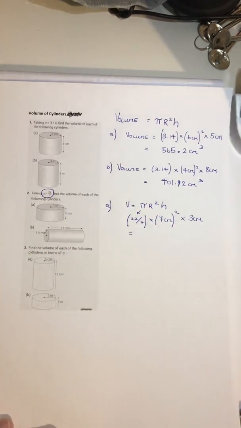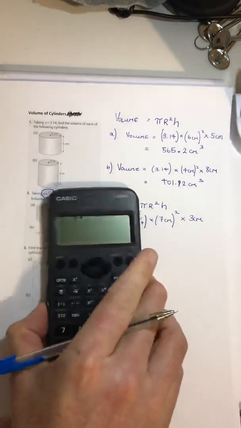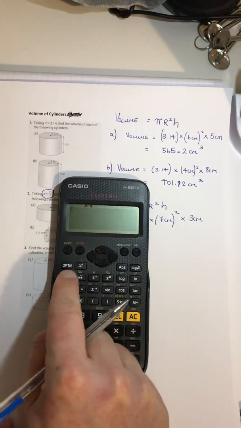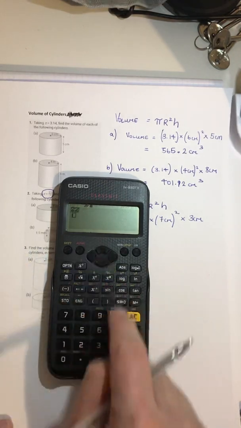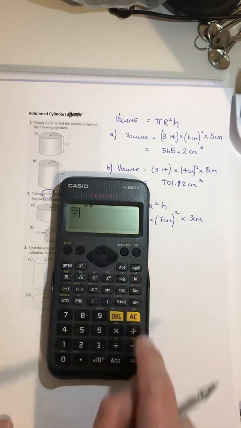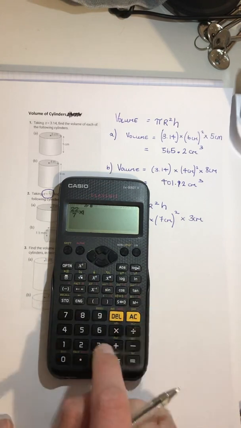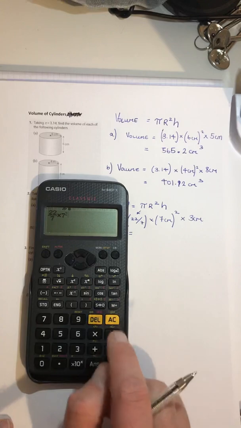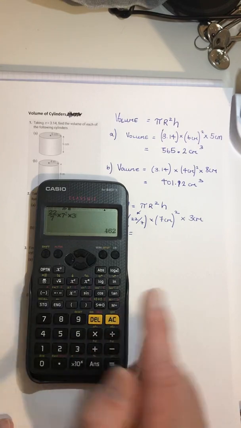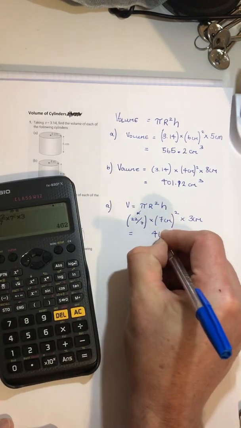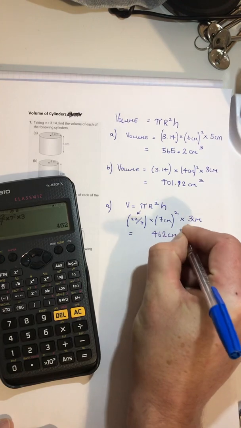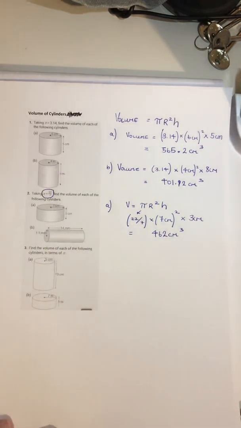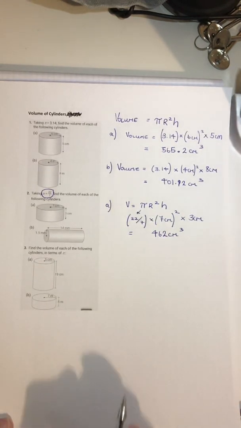So again on your calculator, 22/7 multiplied by 7 squared and multiplied by 3 is equal to 462 centimeters cubed. Okay.